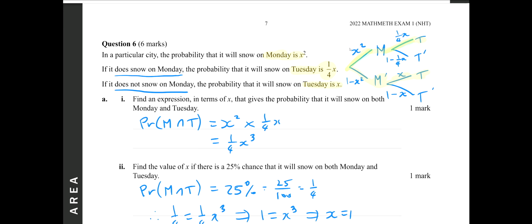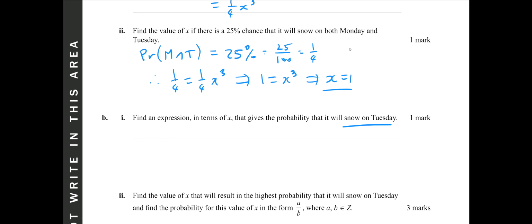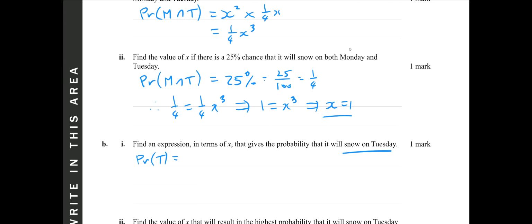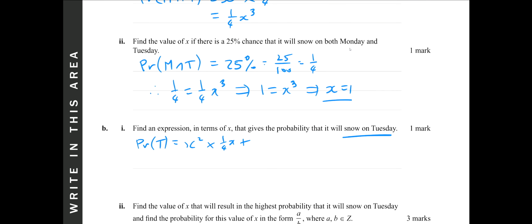So, working this one out, we just want Pr of T. So, Pr of Tuesday snow is equal to x squared times 1/4 x, plus 1 minus x squared times x. So make sure you put the 1 minus x squared in brackets.